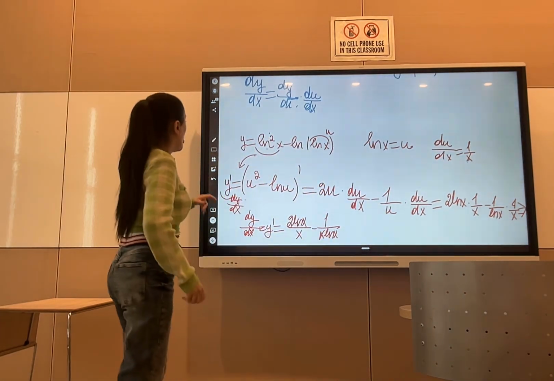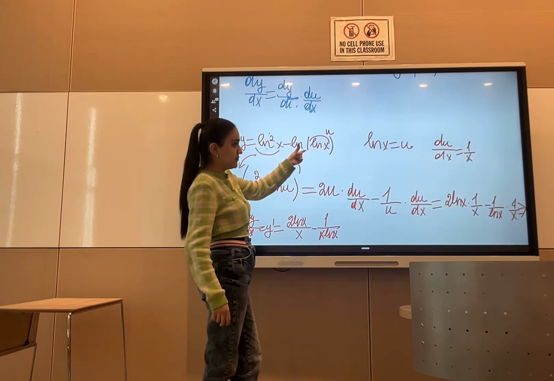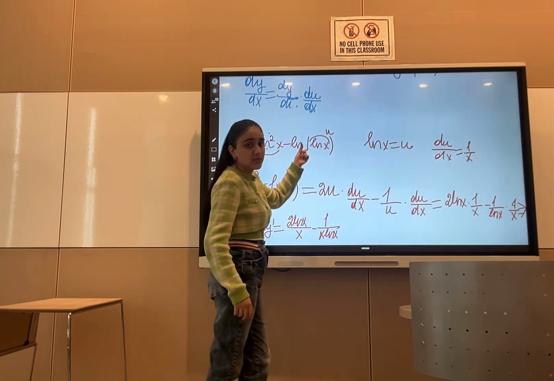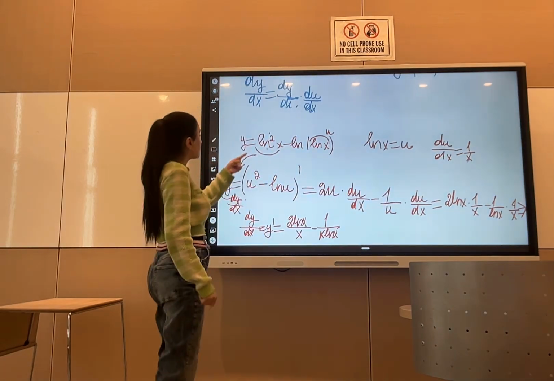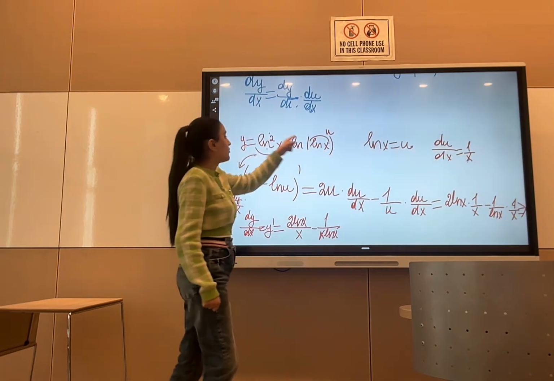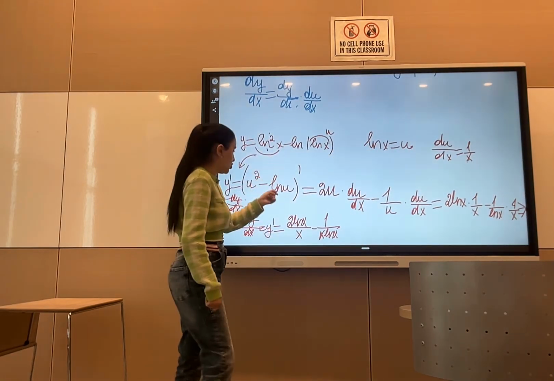Again, for finding the derivative of y, we found both derivatives one by one, the derivative of ln square x and the derivative of ln x. We showed ln x as u in both functions: u square minus ln u.